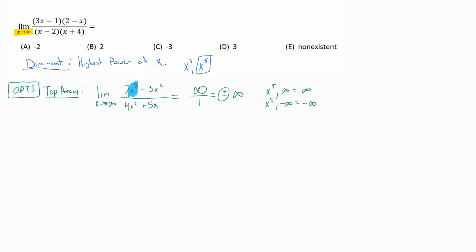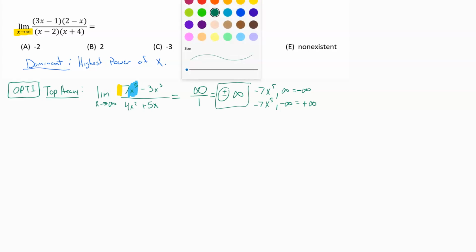And then the last little piece you would want to look out for is what's going on in front of that. If that was a negative 7, you'd be looking at this thing headed to negative infinity. And if this thing had a negative on here, then that negative would end up giving you a positive. So the answer is it's going to be headed to infinity, and then you just have to check the signs on whether it's going to positive or negative infinity.